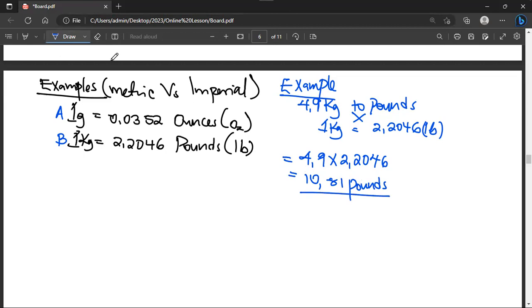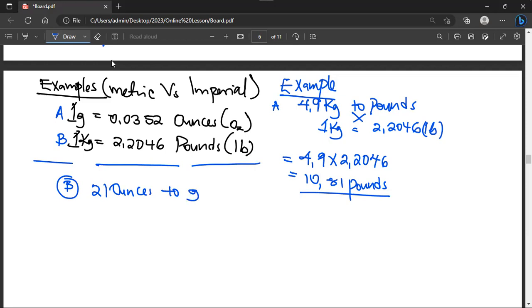Okay, another example. So that's example A. Example B, we are told to change 21 ounces to grams.